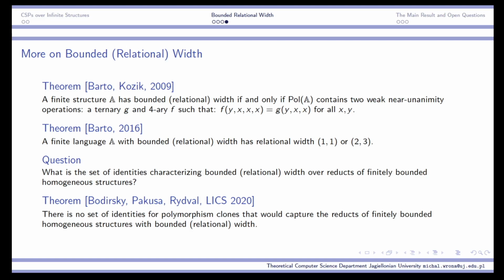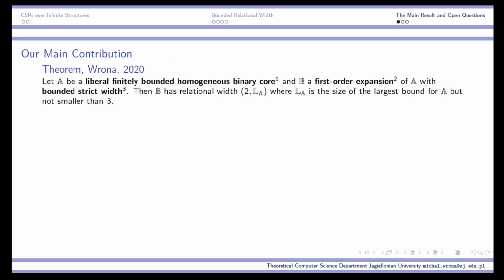And this is one of the reasons why we proved something a bit different. So our theorem is for a bit stronger condition, for bounded strict width, not relational width.